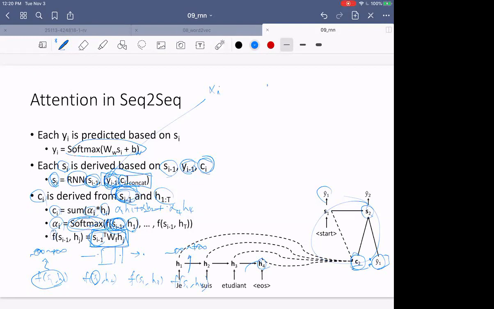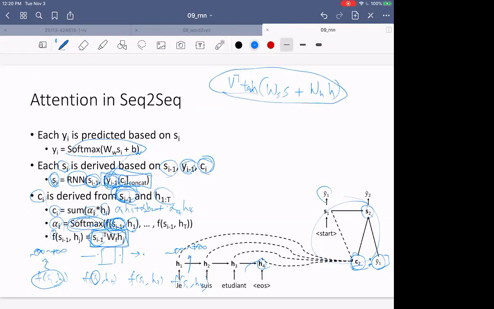Originally, I think it was W_s times S plus W_h times H, then tanh, then times V transpose. I think the original attention mechanism paper used this function to derive a scalar value.